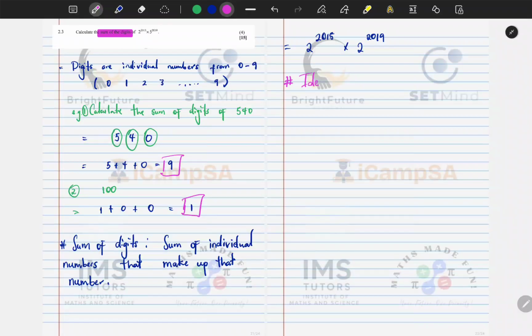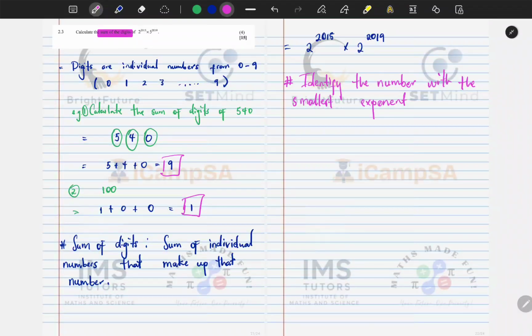That's the first thing we are going to do: identify the number with the smallest exponent.